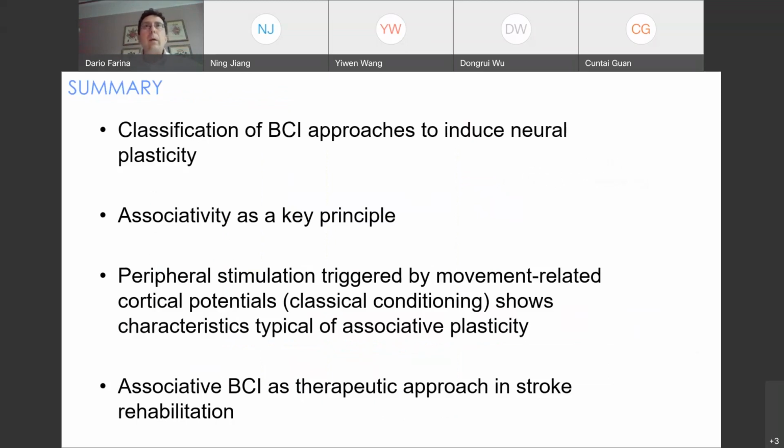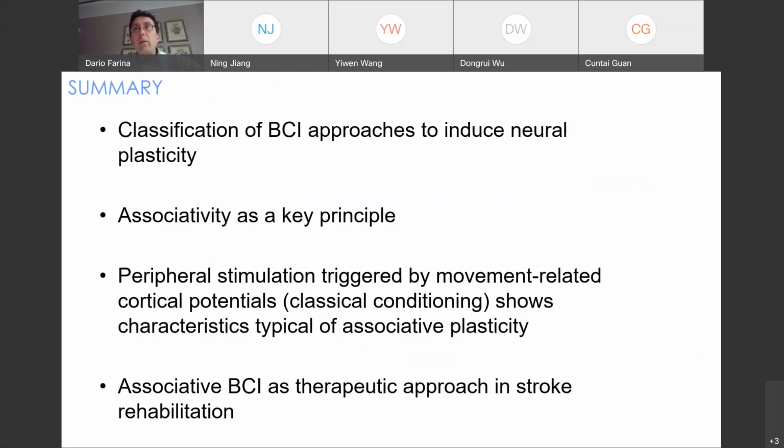I have presented to you at the beginning a classification of BCI approaches in view of the plasticity that they induce. And this is a taxonomy we proposed recently that I wanted to share with you.